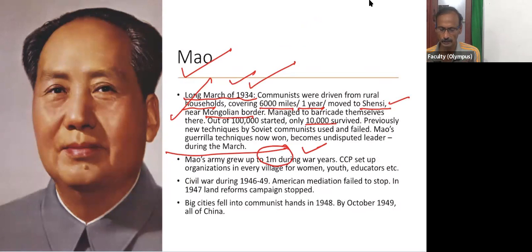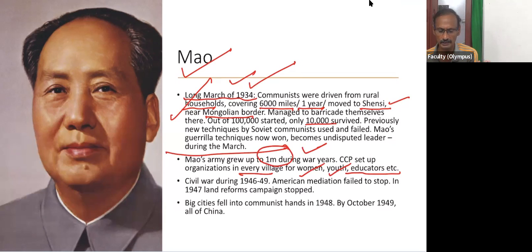Okay, and the Communist Party became so popular that it set up organizations in every village for women, youth, and exclusively for educators. Whereas nationalists were unpopular in the areas they were in and ineffective against the Japanese, and the conscripts that they got were not motivated enough.